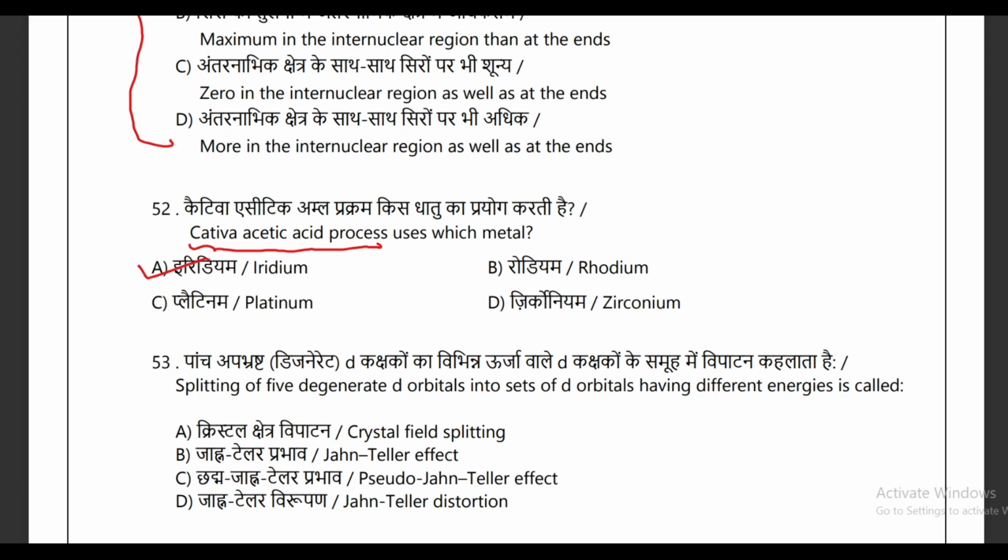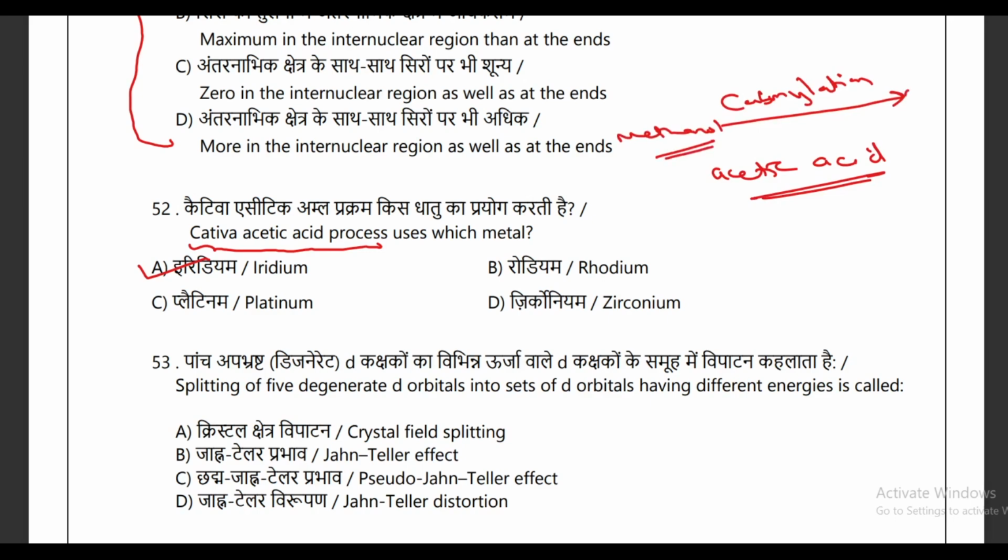The Cativa process actually uses iridium as the catalyst for the production of acetic acid. Okay, and in this actually there is a carbonylation of methanol to produce acetic acid, and the iridium containing catalysts are used in the Cativa acetic acid process.